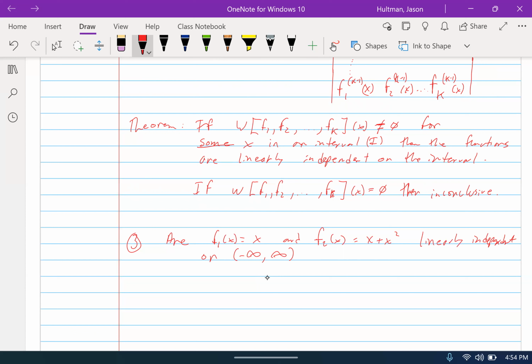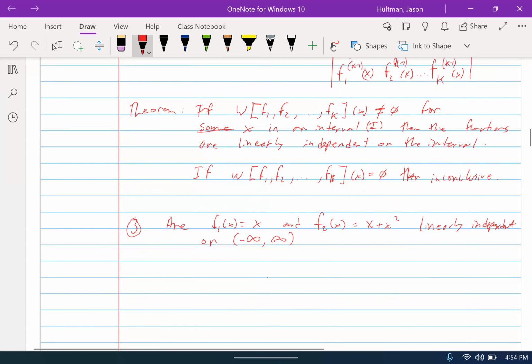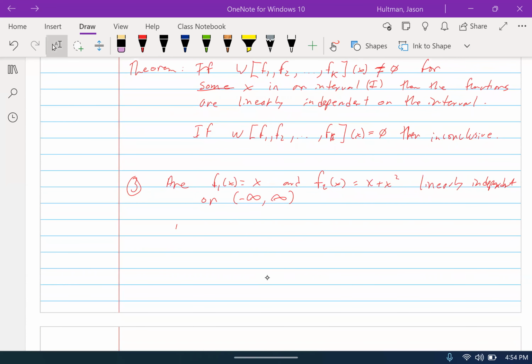So we have two functions, and we're going to look at the Wronskian for this. The Wronskian is the determinant of x and x plus x squared, and then I take the derivative, so this is just 1 and 1 plus 2x. Now I want to take the determinant of this. Just use the operation for a determinant of a 2 by 2 matrix.